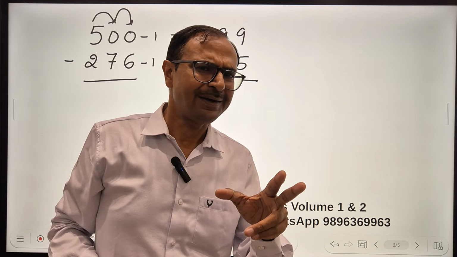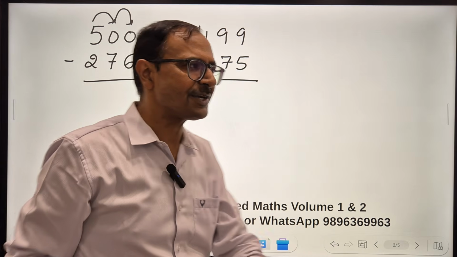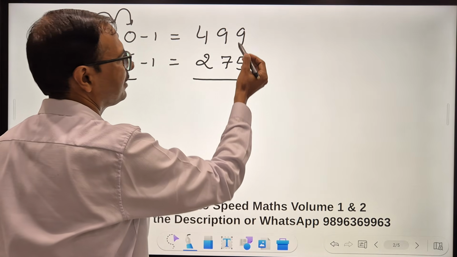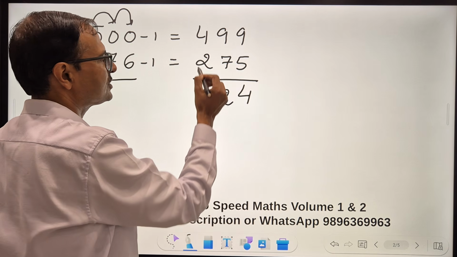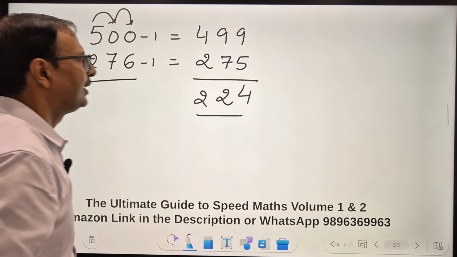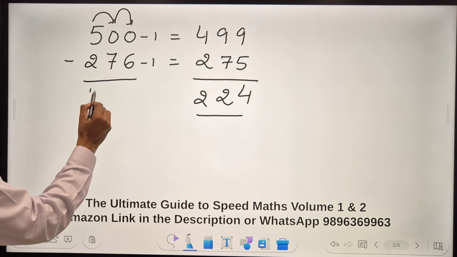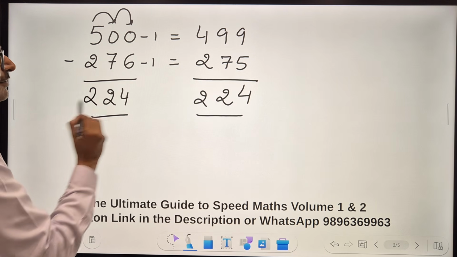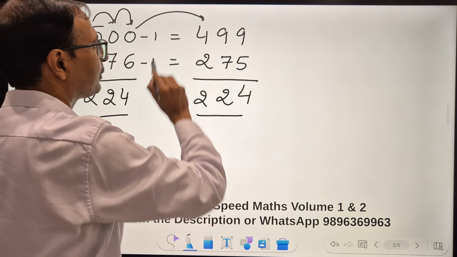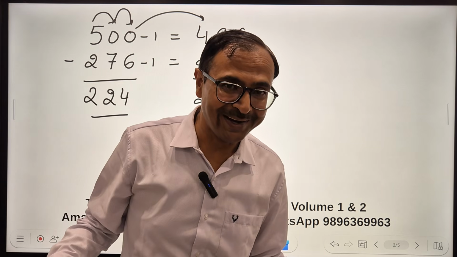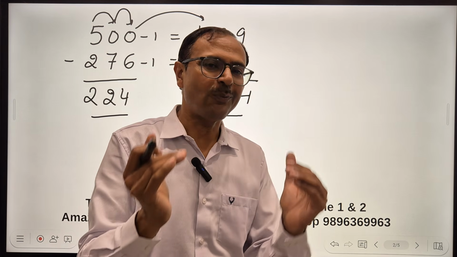No borrowing here. But is the answer same? Let's check. No borrowing. 9 minus 5, 4. 9 minus 7, 2. 4 minus 2, 2. 224. And you already knew it, right? The answer is 224 itself. A problem involving borrowing converted to a problem involving no borrowing just by subtracting 1.